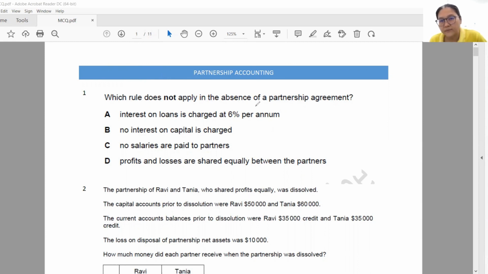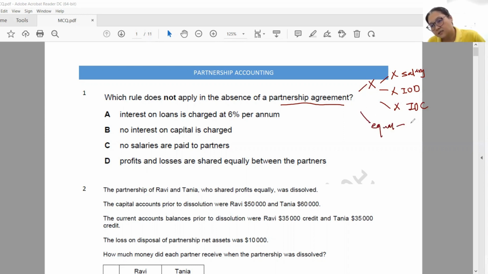When we do not have a partnership agreement, first, there is no salary, no interest on drawings, no interest on capital, and the profit sharing ratio is equal.